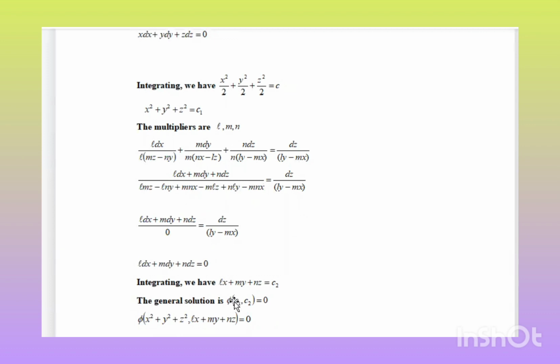By cross multiplying, l dx + m dy + n dz = 0. Integrating on both sides, you will get lx + my + nz = constant. Let us take the constant as c2. Therefore, the general solution is phi of (c1, c2) = 0. So phi of (x² + y² + z², lx + my + nz) = 0. Thank you all.